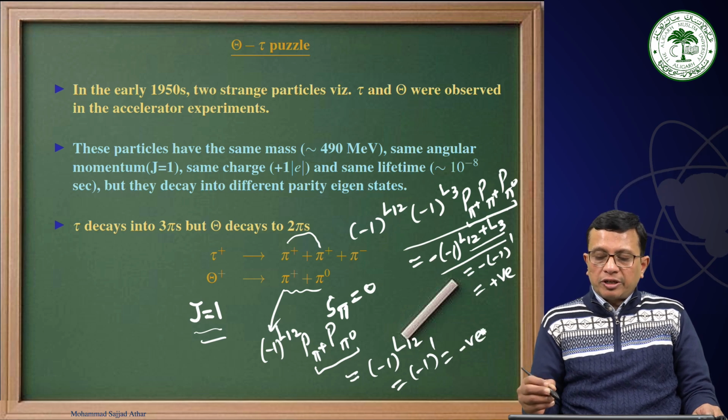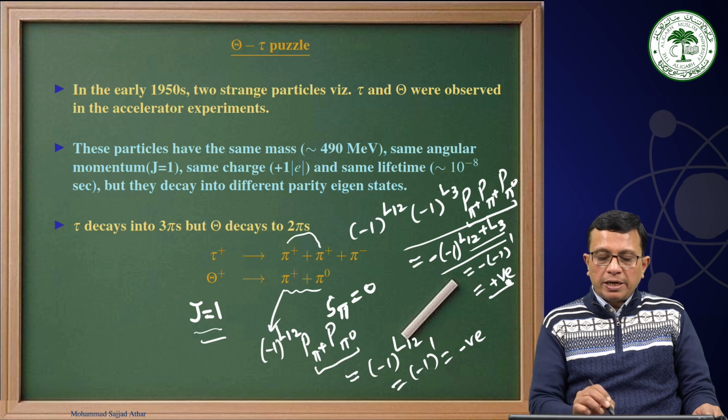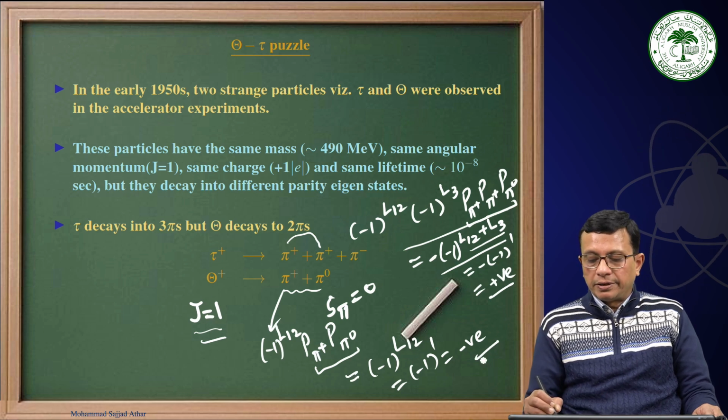Therefore, parity of tau plus will be positive and parity of theta plus will be negative.